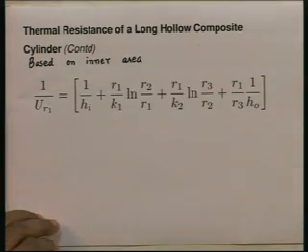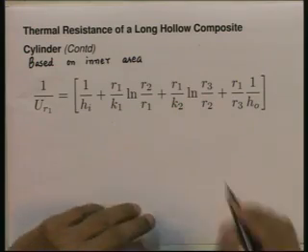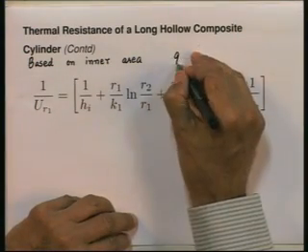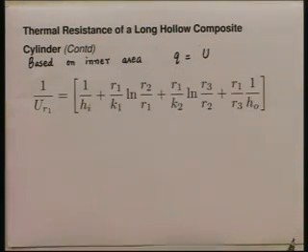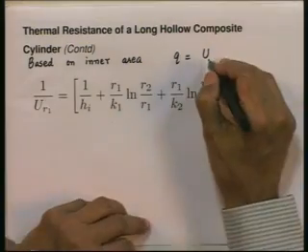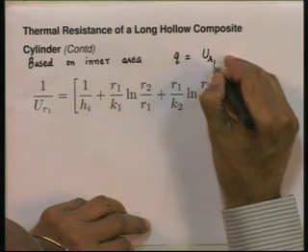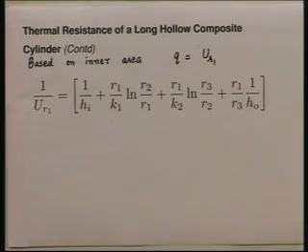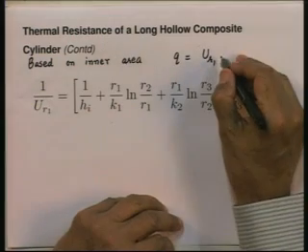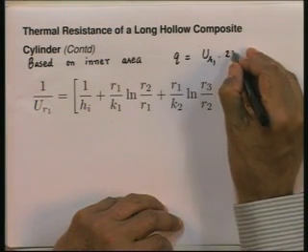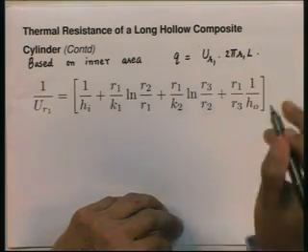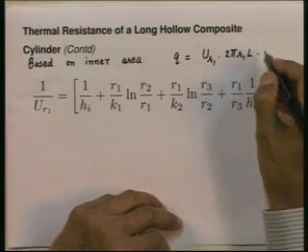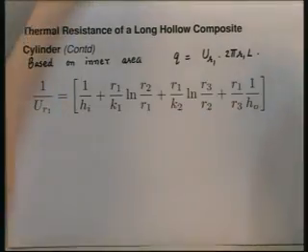all right. The definition of U would be Q is equal to U, and since this is U based on the inner area, that is on the radius R1, I will put a subscript on it, U_R1, to indicate that it is based on the radius R1, multiplied by 2 pi R1 L, that is the area, multiplied by the temperature difference from the inside to the outside.